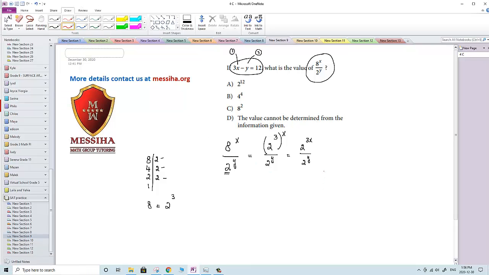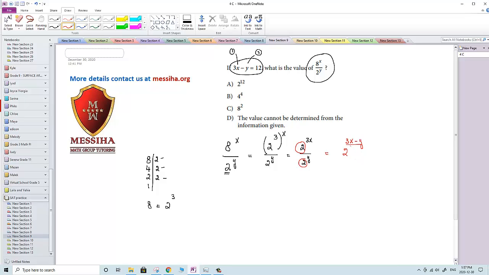Because I have the same base 2, I can use the exponent law: in division I subtract the exponents. So it's going to give me 2 to the power of 3x minus y. Now this will not solve the problem yet, because here I have 3x minus y, but I see numbers.